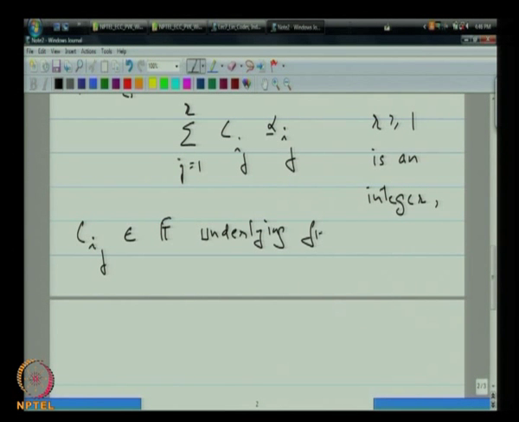So this is the underlying field of the vector space. All right.